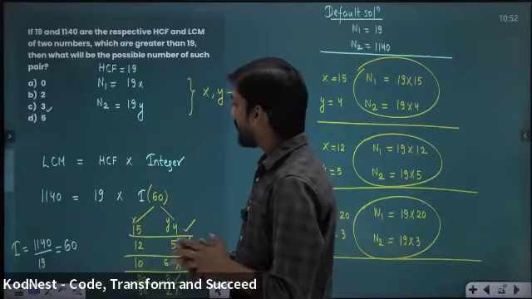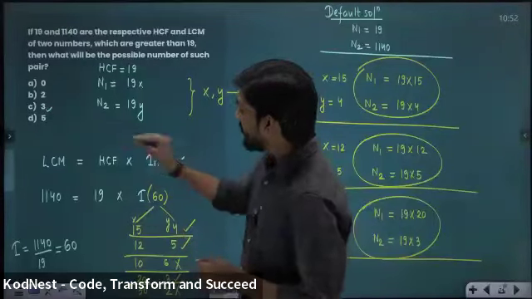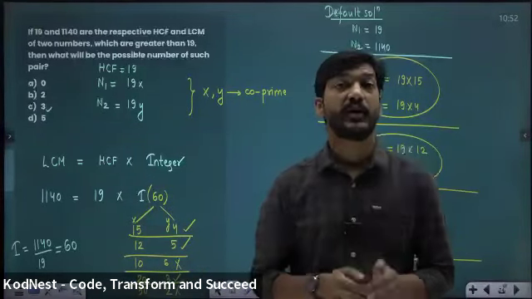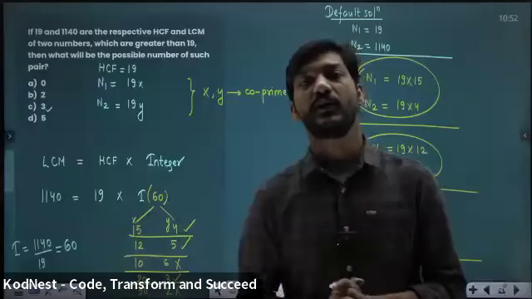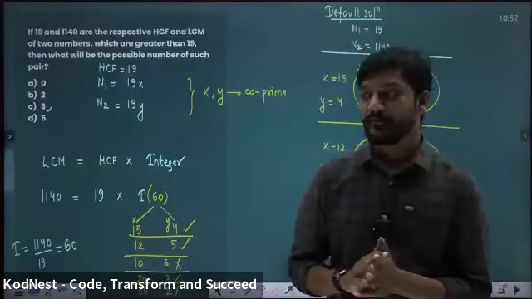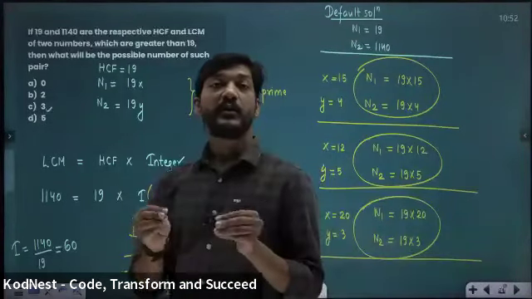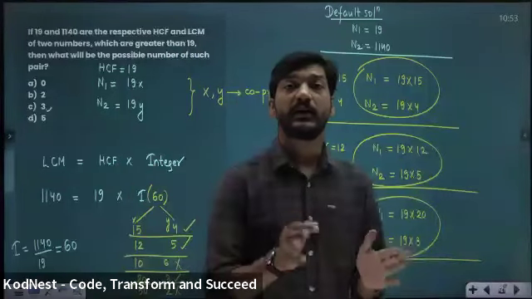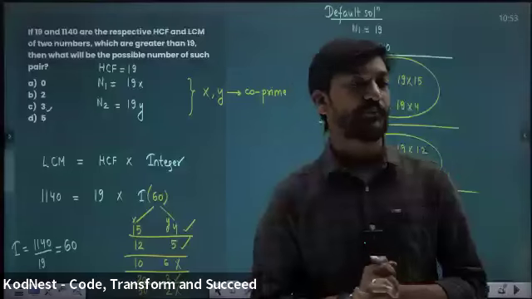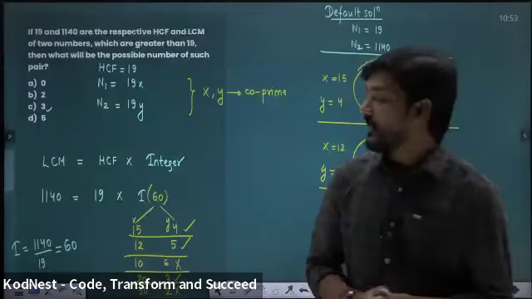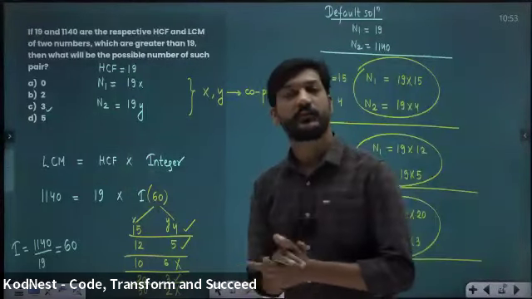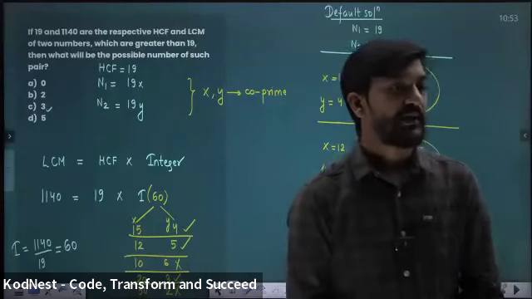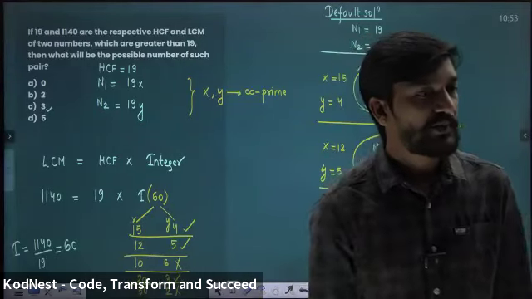So don't come and ask me, sir, they have not given the HCF. My dear, prime numbers have no common factor. If there is no common factor, that means the highest common factor is 1. So for prime numbers, automatically the HCF is 1. They will not tell you. Okay. So in that case, HCF will be 1. All right. Please remember that. Is anything doubtful so far? Please confirm this.